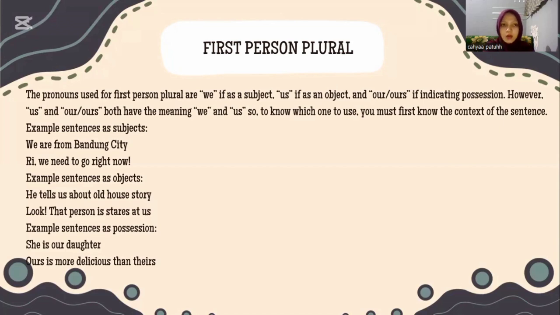However, our and ours are different, but they have the meaning we and us. So, to know which one to use, you must first know the context of the sentence. Example sentence as subject: We are from Bandung City. We need to go right now.